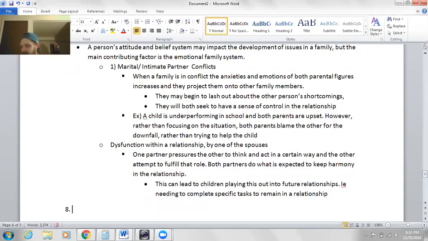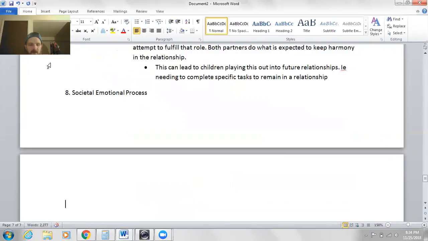And the eighth and final characteristic is societal emotional process. So what does this involve?